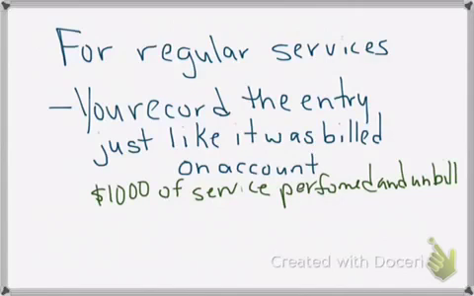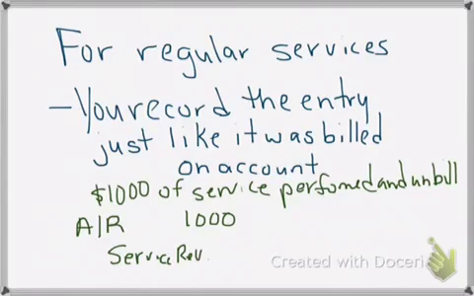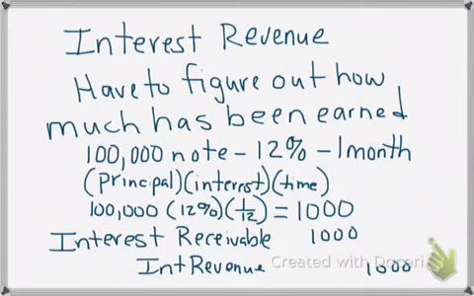The journal entry would be for accounts receivable for the $1,000, and that would be our debit. And the other side would be that service revenue account for that $1,000 as a credit. So you see it looks just like what we've done when we actually have billed things on account.